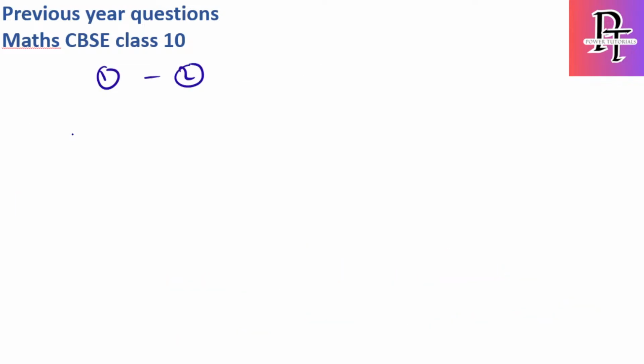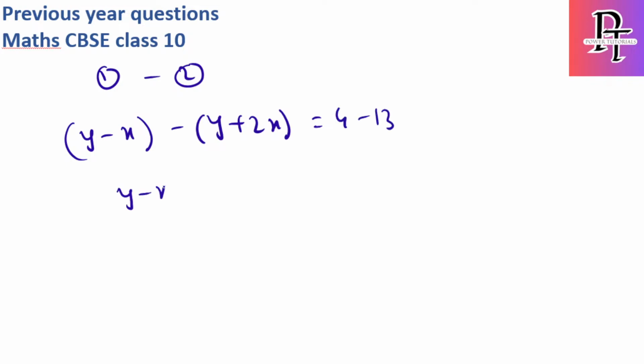That is y minus x minus of y plus 2x is equal to, left side 4, right side 13. 4 minus 13. So simply y minus x minus y minus 2x is equal to 4 minus 13, which is minus 9. Y gets cancelled out. Minus 3x is equal to minus 9, so x value will be equal to 3.